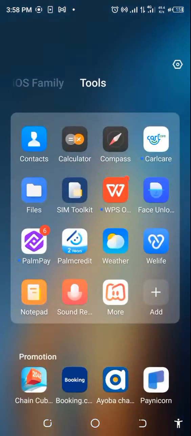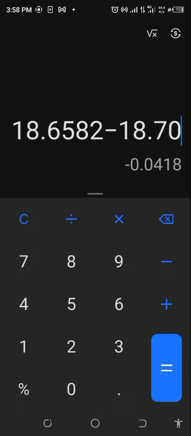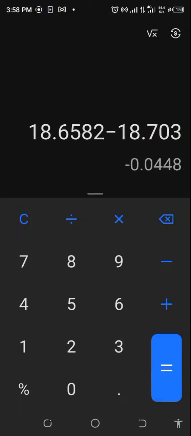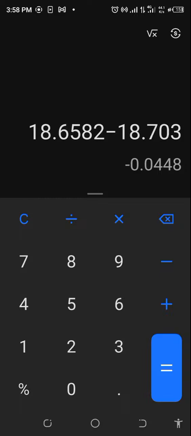That is the story. Did we make profit? Well, 18.703. We still made like 4.4 cents.